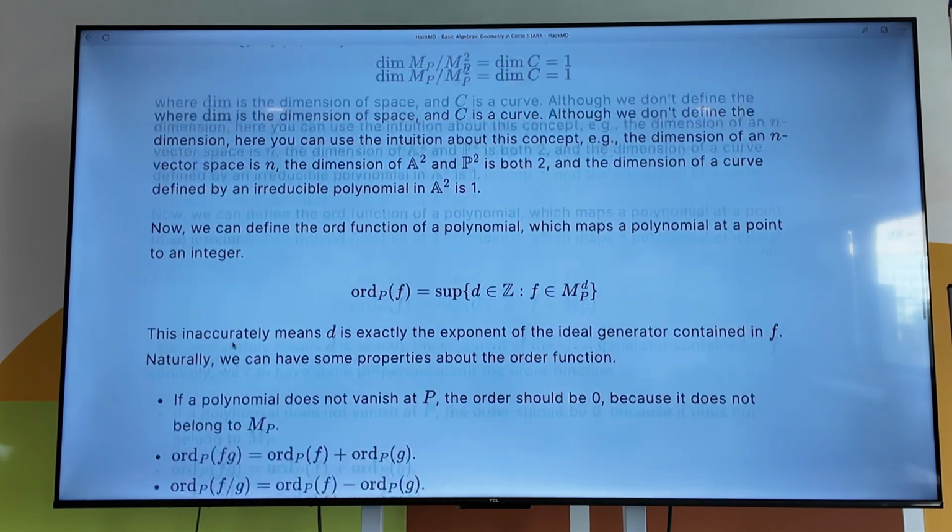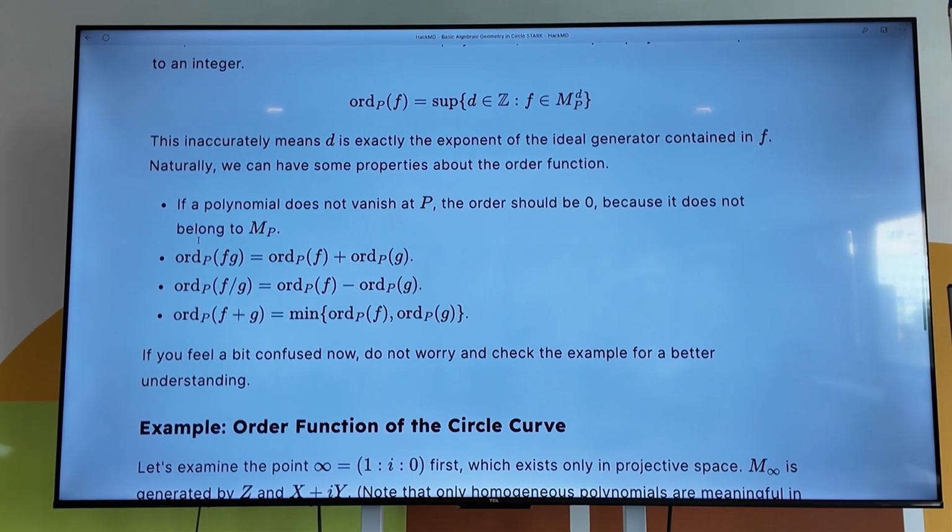But we can skip this part, and find some useful properties of the order function.